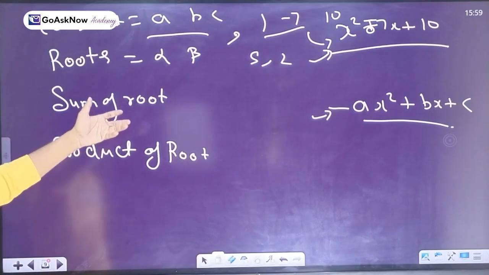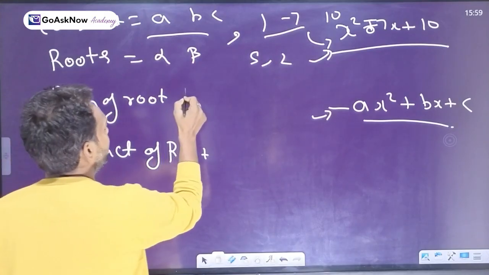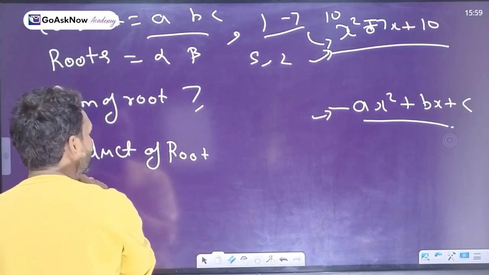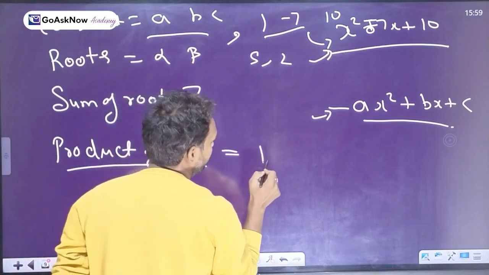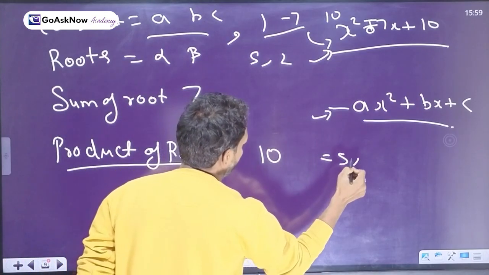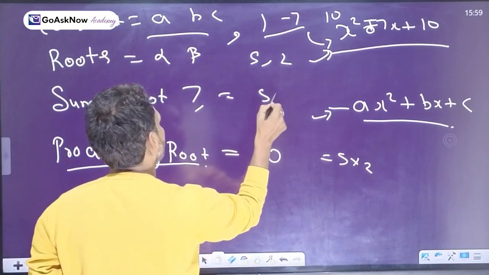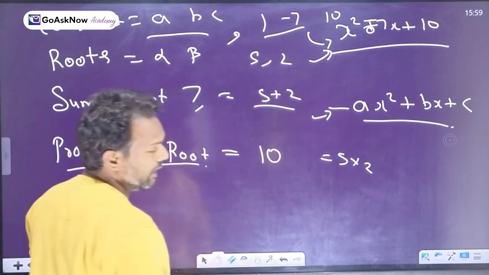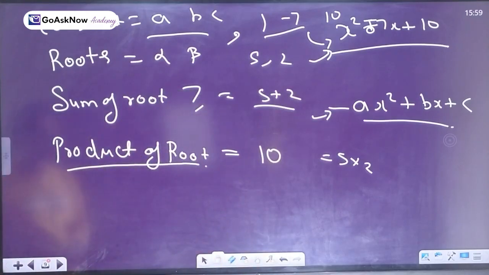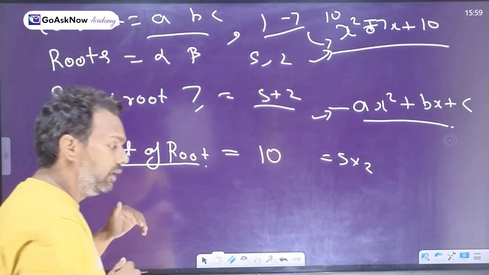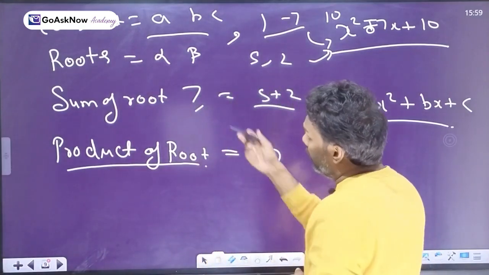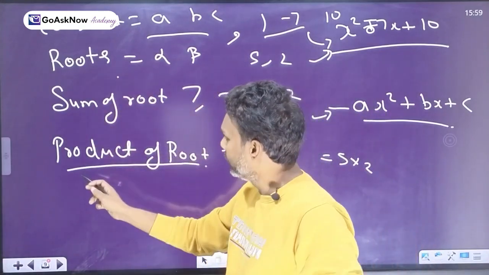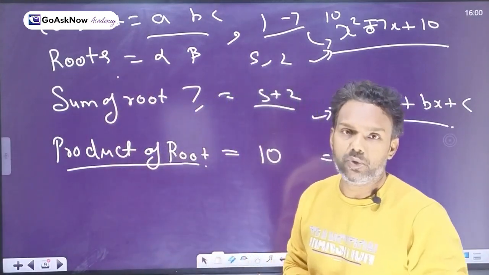What is sum of roots? Sum of roots was 7. What is product of roots? Product of roots was 10, that was 5 into 2, and this was 5 plus 2. So you have to now think that you have come to know what are constants, what are roots, what are sum of roots, what are product of roots for a quadratic equation.